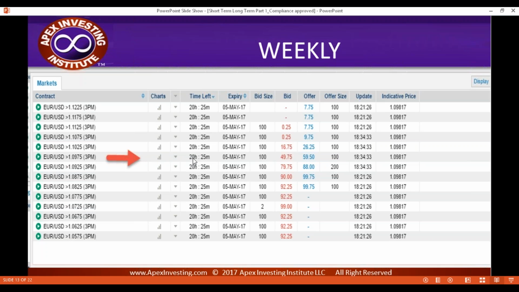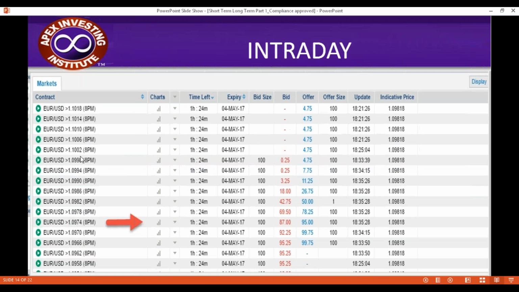With almost a whole day to go, this strike of 975, you can buy it for 59, sell it for 49. Got it?